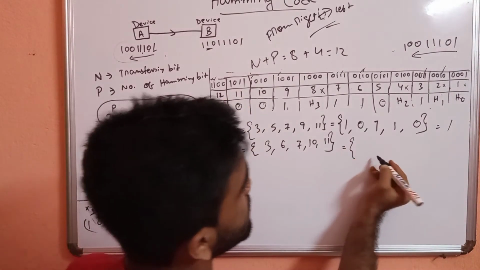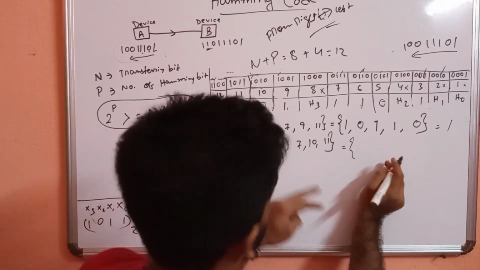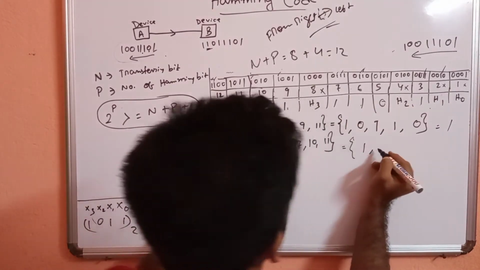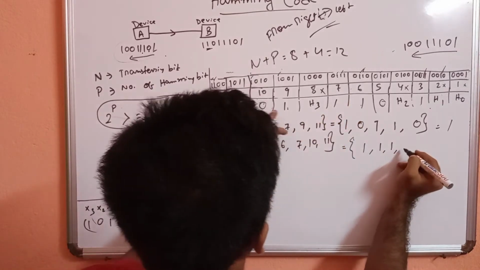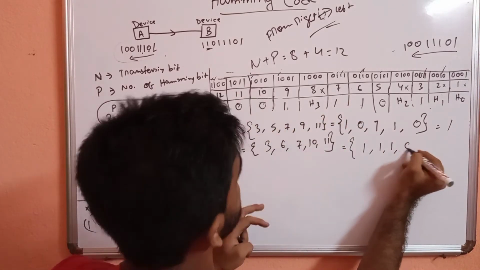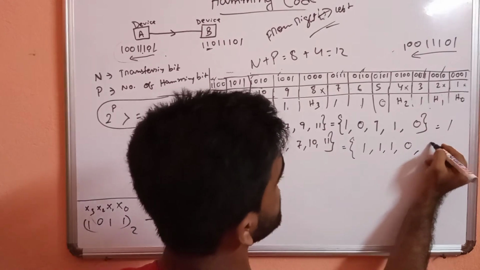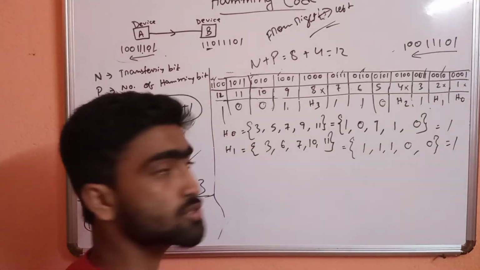What will be the bits under them? For 3 it is 1, 6 it is 1, 7 it is also 1, 10 it is 0, and 11 also 0. Here also even parity is 1.